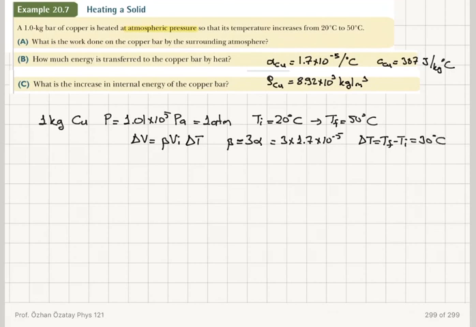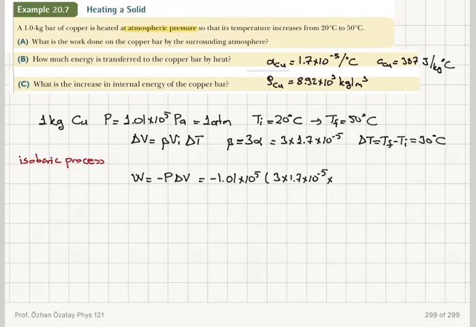And the work done for an isobaric process, where the temperature is changing, the volume will increase. The work done is equal to minus P delta V. So I will have here minus 1.01 × 10^5 pascals times delta V, which is 3 times 1.7 × 10^-5 times the initial volume, which I have to calculate. I know its mass, I know its density.